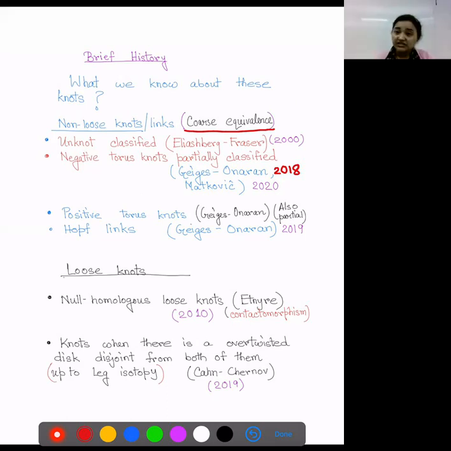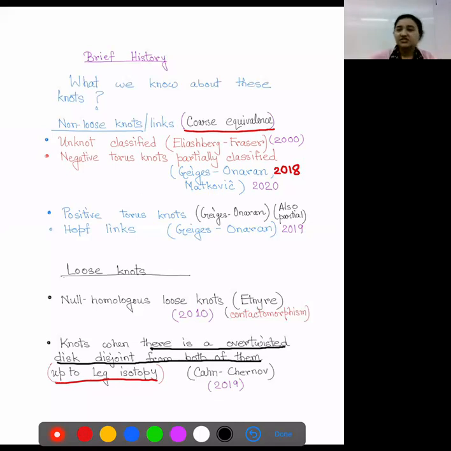And in 2019, Cahn and Chernov have this result, which is up to Legendrian isotopy, which is stronger, or transverse isotopy for transverse knots. They classified the knots, but here notice there is a stronger condition. And this is that there is an over-twisted disc disjoint from both of them. So this is very strong. We need to have a common over-twisted disc in the complement.